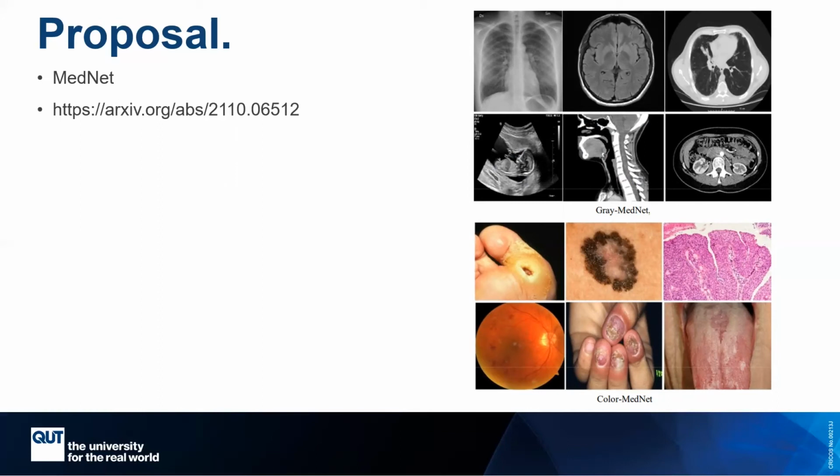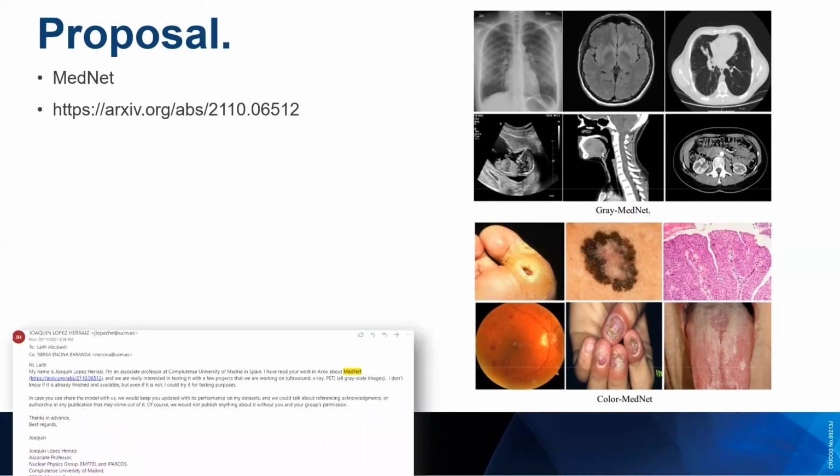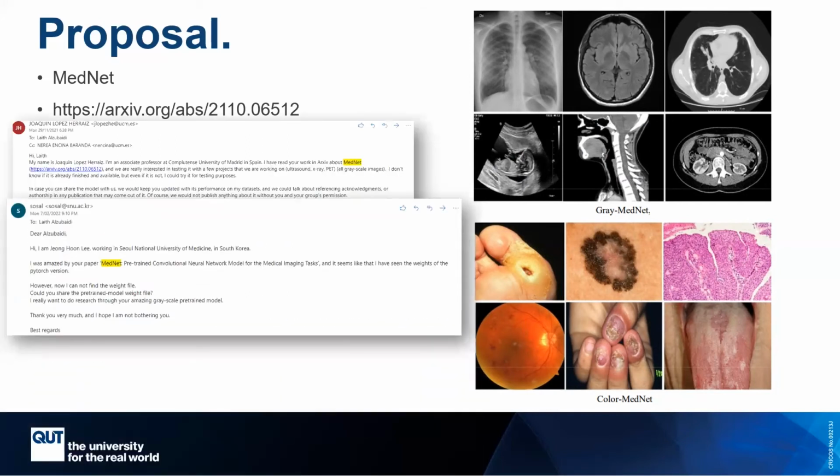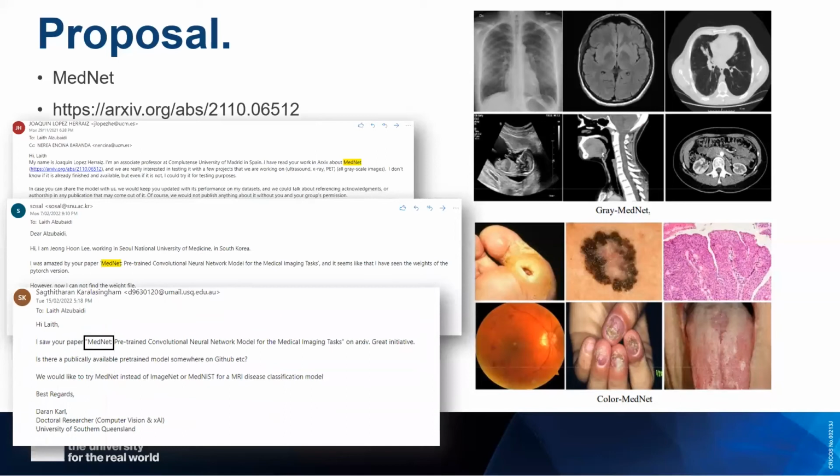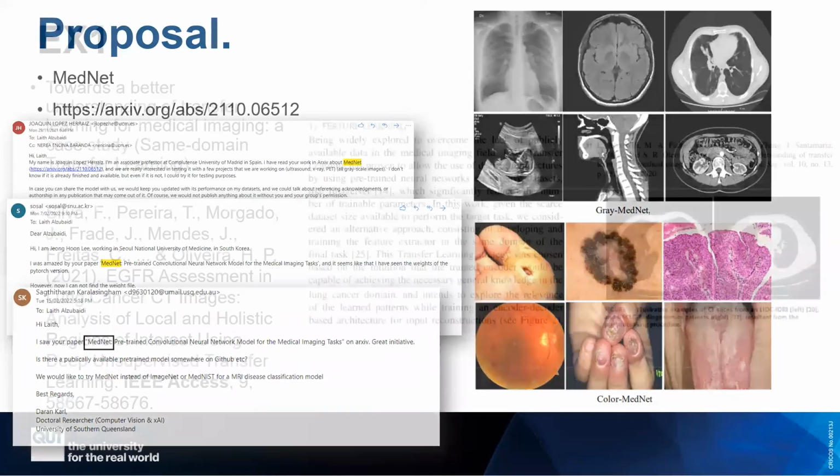I'm aiming to train that model on about 3 million publicly available images, with both a grayscale version and a color one. Then, in a similar way to ImageNet, that will give a model trained on a huge medical dataset. I published that online as a proposal, and I keep receiving emails asking for that ImageNet, which I haven't implemented yet.